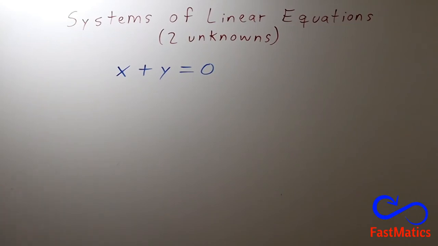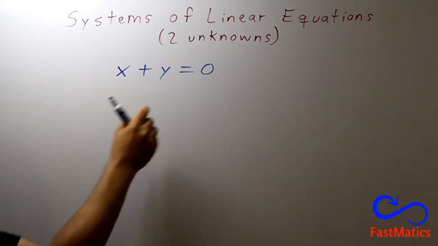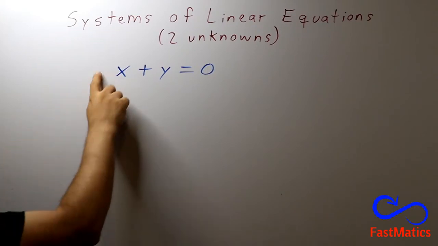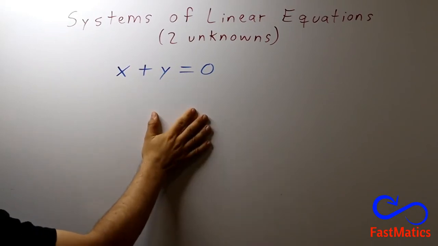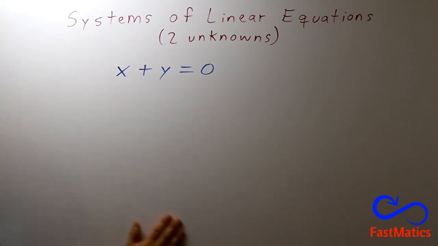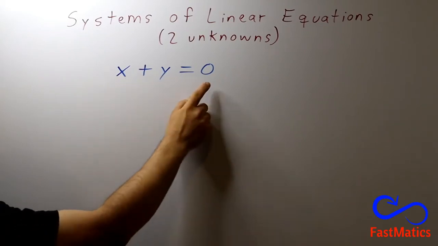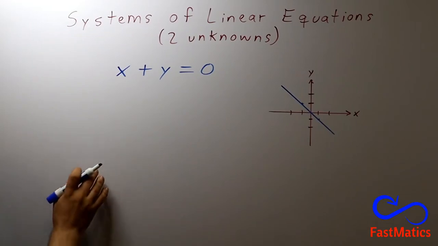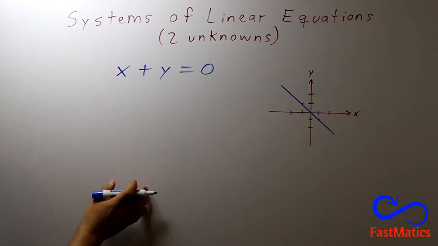And how can you understand, how can you represent all the solutions of that equation? Well, you can graph it. And if you graph this equation, you will have all the infinite solutions that are able to make this equation true. Until now, we don't know how to graph it, but it doesn't matter.